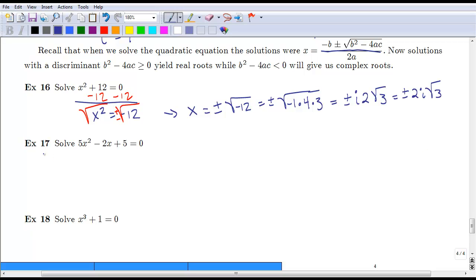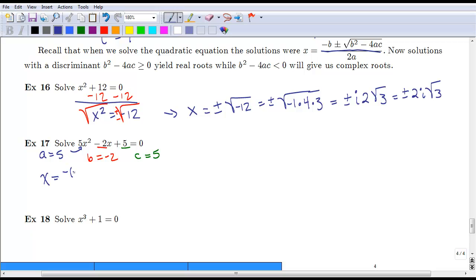So in this case, our a is 5, our b is negative 2, and our c is also 5. So if we plug this in, one thing to remember is that you're always going to have x is equal to, and we're just going to plug in what we see here.